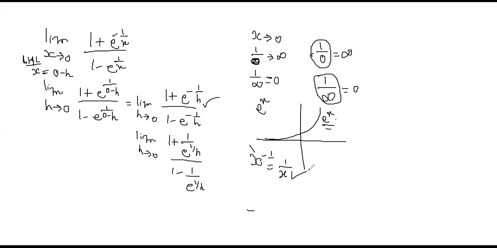From this formula, if you write x raised to power minus 2, then it will be 1 by x raised to power 2. Yes or no? So e raised to power minus 1 by h will be 1 upon e raised to power 1 by h.